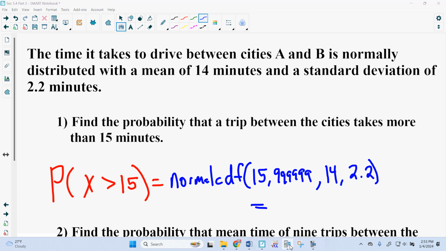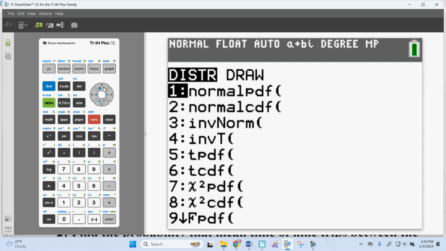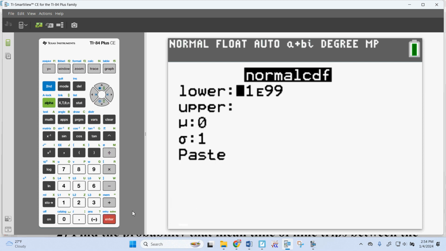So if we go to our calculator, and we have normal CDF, and we have our lower is 15, our higher is 99999, our mean is 14, and our standard deviation is 2.2.